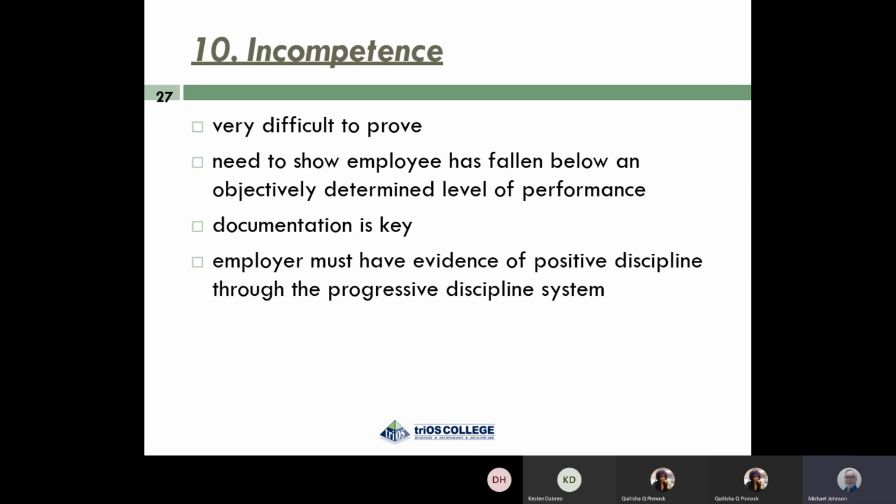Employer must have evidence of positive dismissal, discipline, I should say, through the progressive discipline system. You must show that you have made a real attempt to help that individual. So if the individual's ability to use, let's say, Excel or Word or Microsoft in general is really low, then it's up to the company to determine, is it feasible to try to train that individual, bring them up to speed.